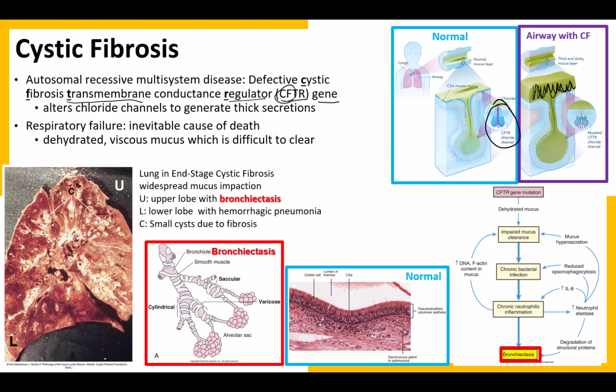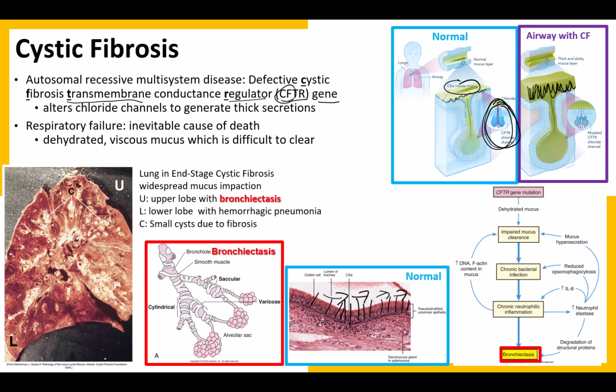So this is in normal conditions, someone without cystic fibrosis. You can see here the goblet cells produce mucus that's nice and thin and watery. And so the cilia, the hair-like structures associated with the epithelium of the respiratory tract, can help to move the mucus along so that we can cough it out or sneeze it out.